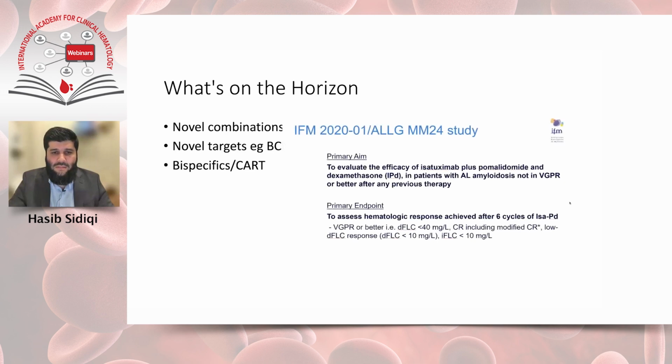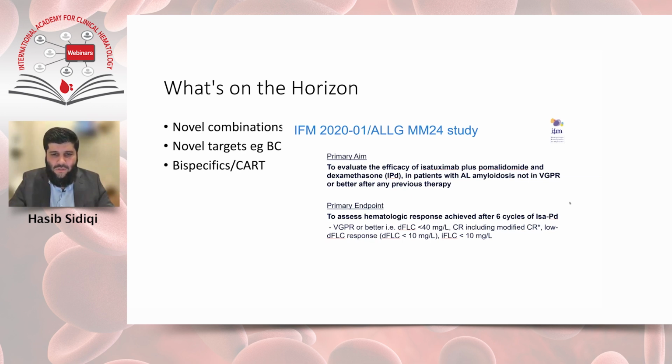Talking about novel combinations, this was a study that was conducted in conjunction with the IFM and the Australian Leukemia Lymphoma Group in Australia. This is now closed to recruitment, but this is looking at a combination of isatuximab with pomalidomide and dexamethasone.